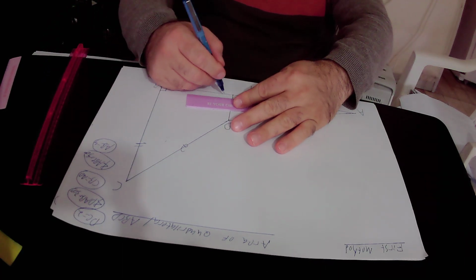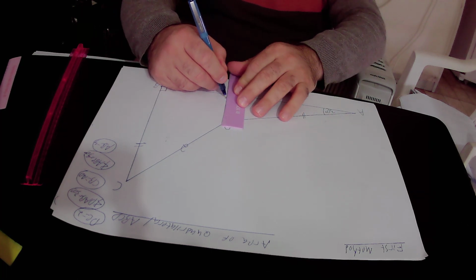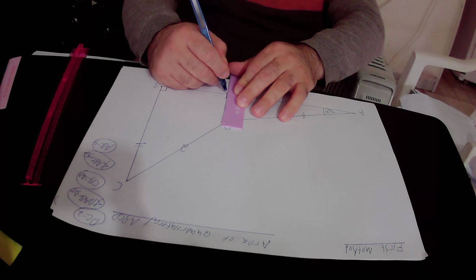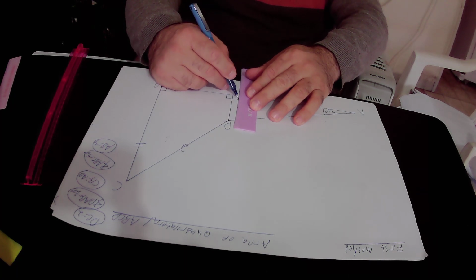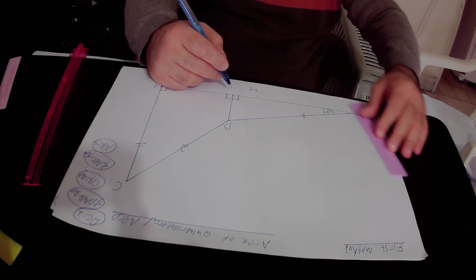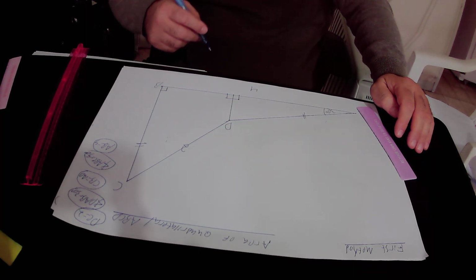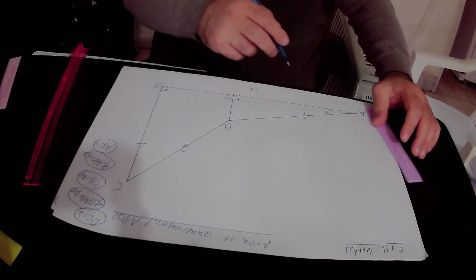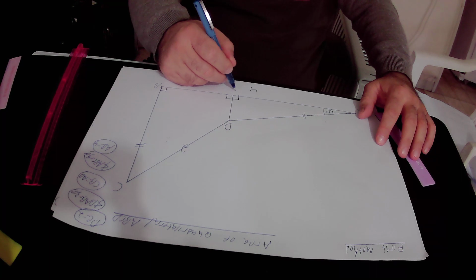So this angle will be a right angle, equal to 90 degrees, and this angle will also be a right angle, equal to 90 degrees. We will define the touching point between the perpendicular from point D and AB as point E.